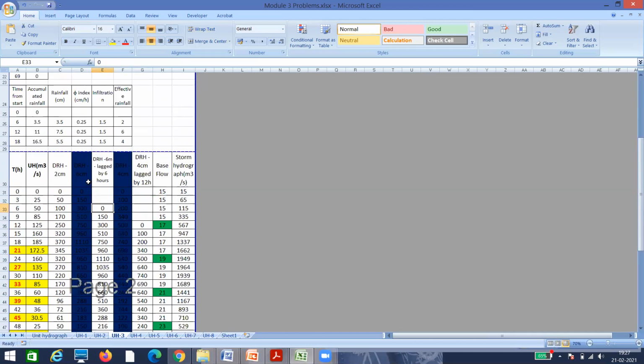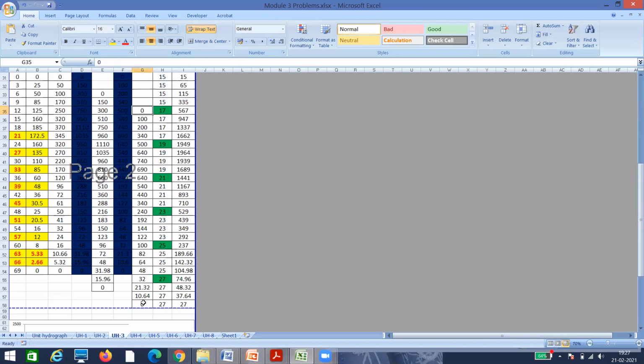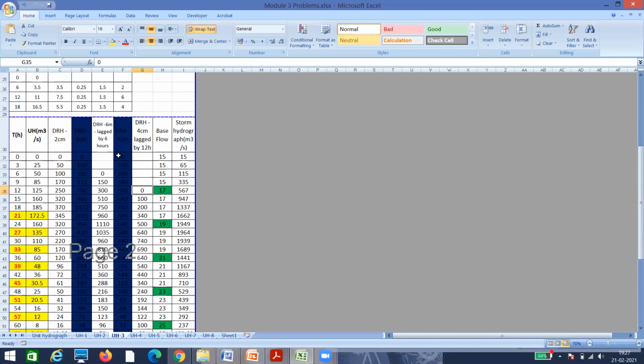Similarly, I'll be calculating for 4 effective rainfall by multiplying the unit hydrograph into 4, and I'll be delaying it by 12 hours. Because first is 2, then it is 6, and then it is 4. So 12 hours means where is my 12? From here, I'll be delaying.